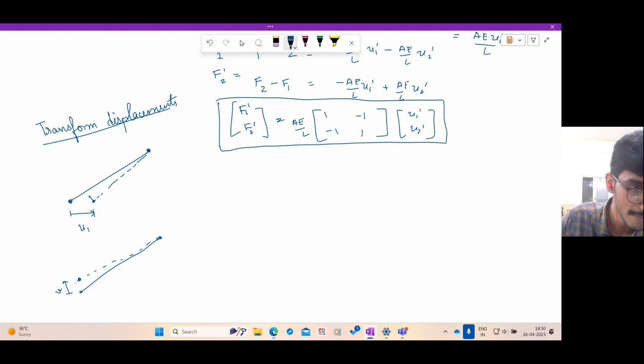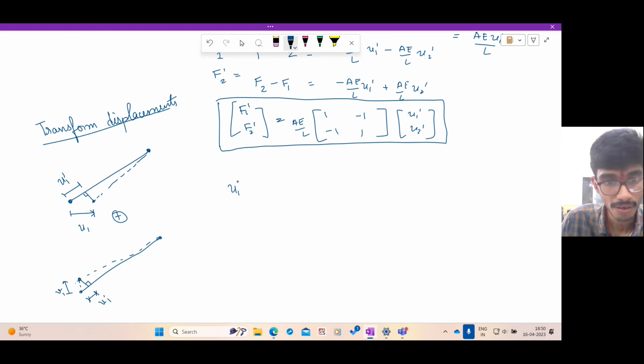The local displacement is something like this. You drop a perpendicular from here. The displacement along the length of the original member is u1 prime. In this case too, you drop a perpendicular like this, and the displacement along the length of the original member is u1 prime. This has to be superposed. So what is u1 prime in the first case?